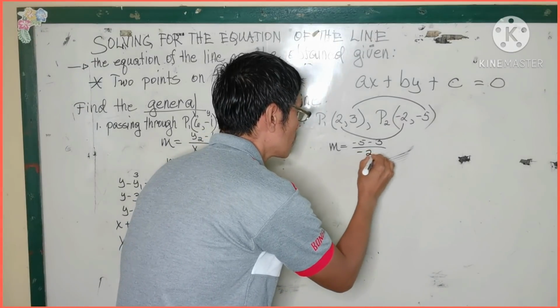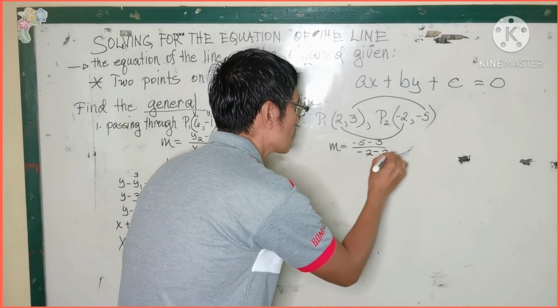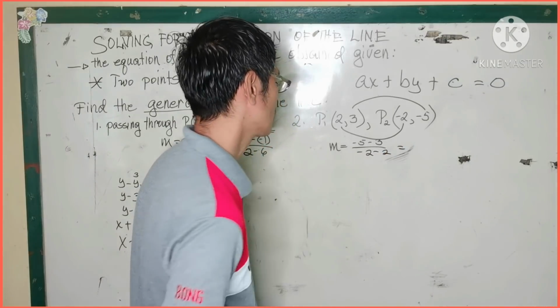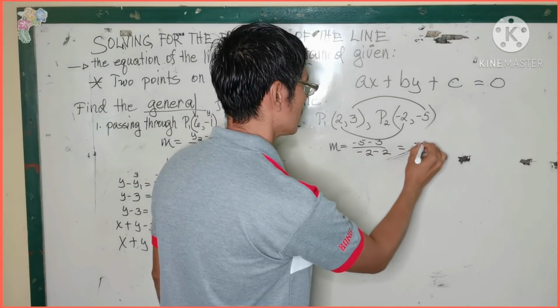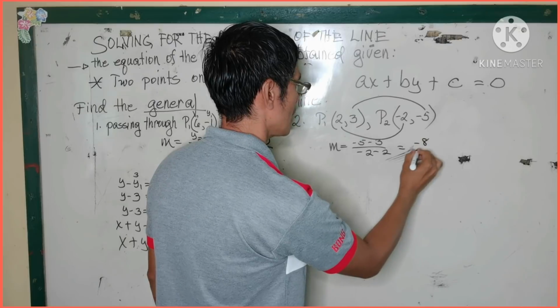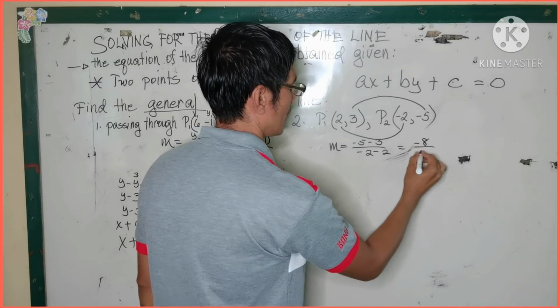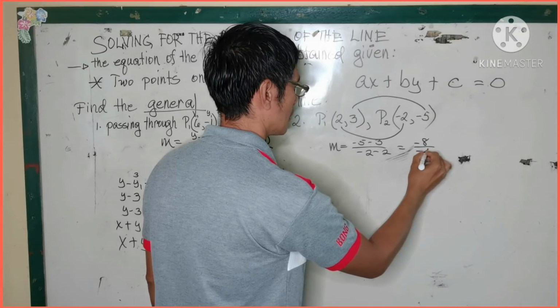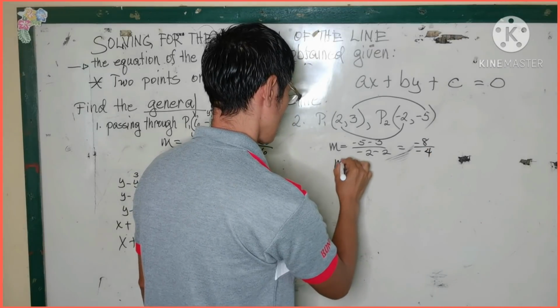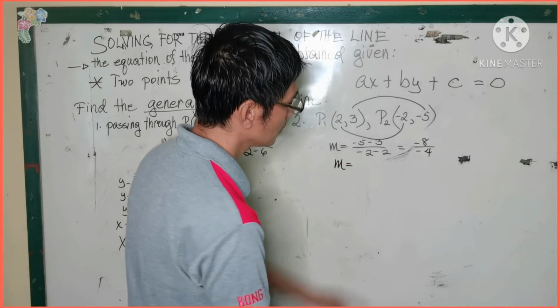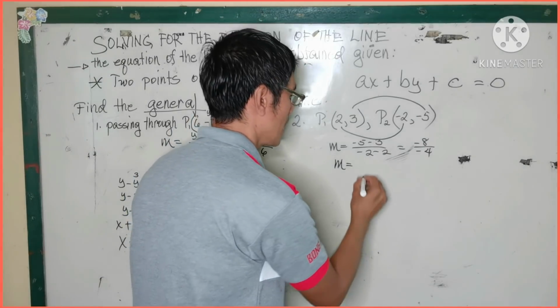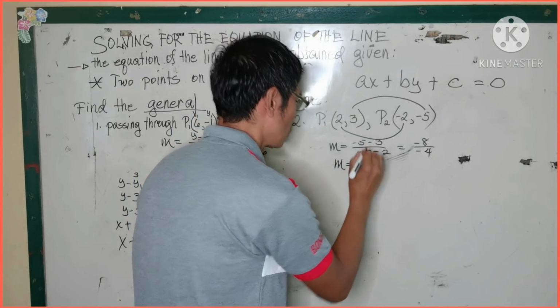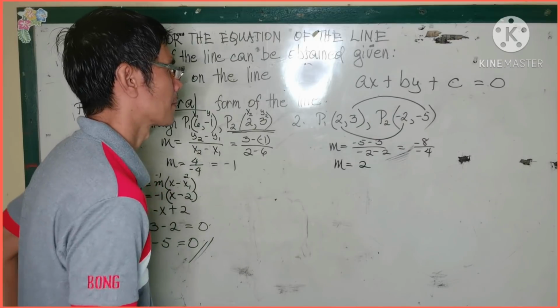So negative 2 minus 2. So that is equal to negative 8 over negative 4. So its slope is simply equal to negative 8 divided by negative 4. That is 2. Okay?